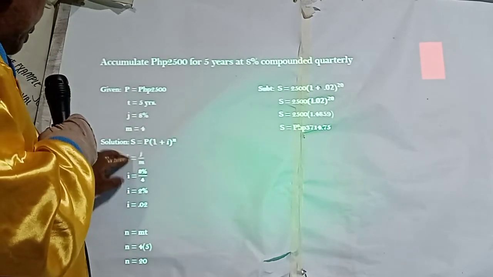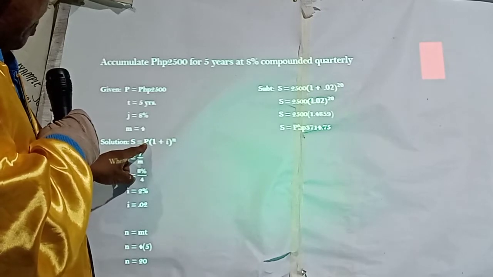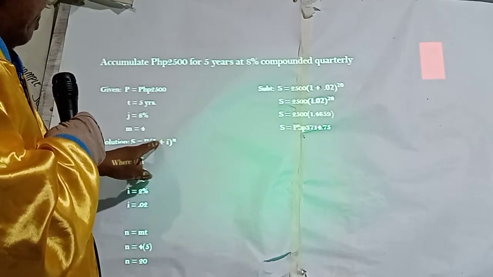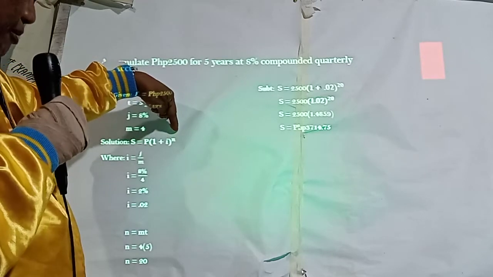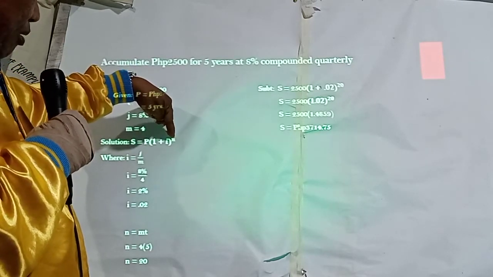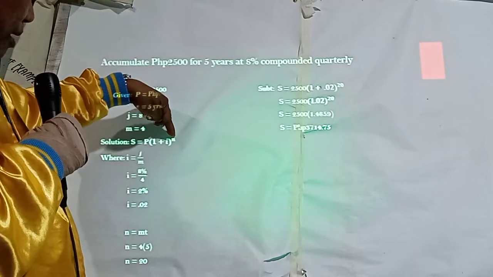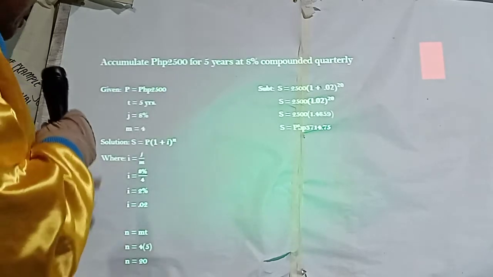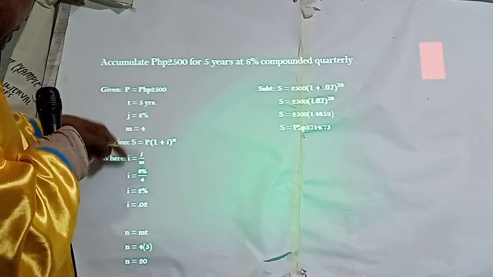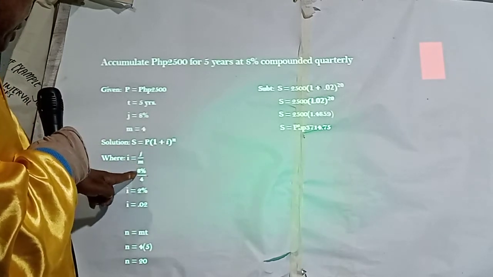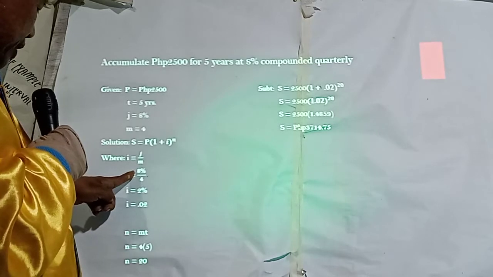Okay, solution. Future amount is equal to principal, then 1 plus I raised to N. So I will show you how to compute raised to N. Where I is J over M, what is our J? It is 8%. Convert this to decimal, so it is 0.08.